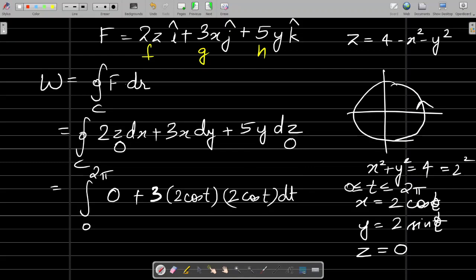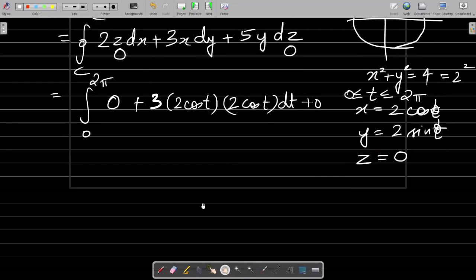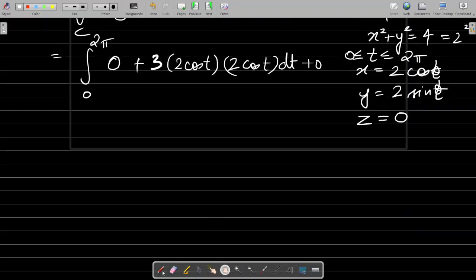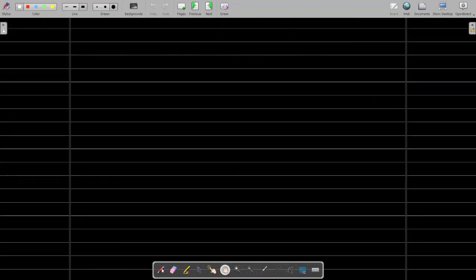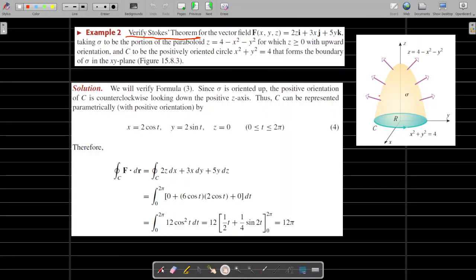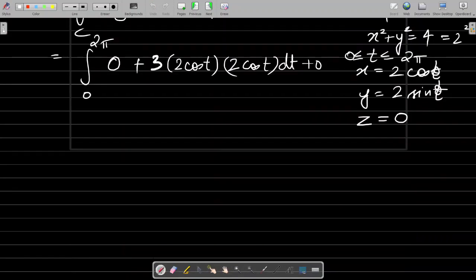So you have that part also as 0. So you'll have the final integral as integral 0 to 2 pi, 4 threes are 12, into cos square t dt.